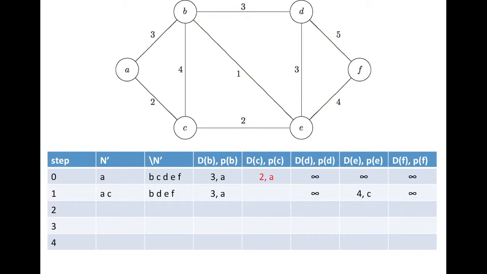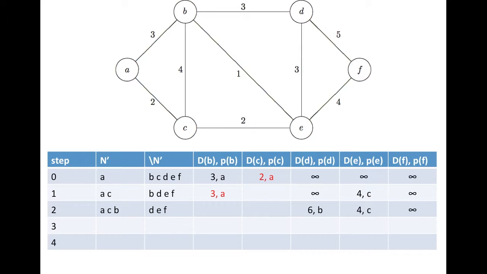Node E is reached through C, and the shortest distance is 4, so D(E) is 4 and p(E) is C. We can't reach F, so we put in infinity.